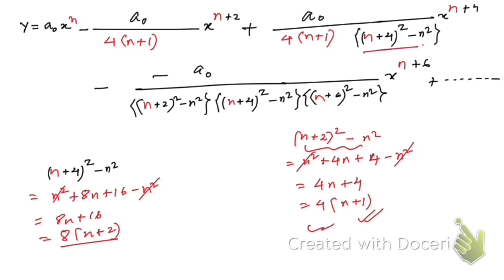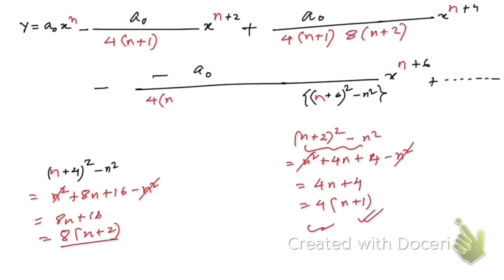So let me replace this by 8 into n plus 2, right? Similarly, these two terms can be replaced by 4 into n plus 1 and 8 into n plus 2. Now let me simplify this term.